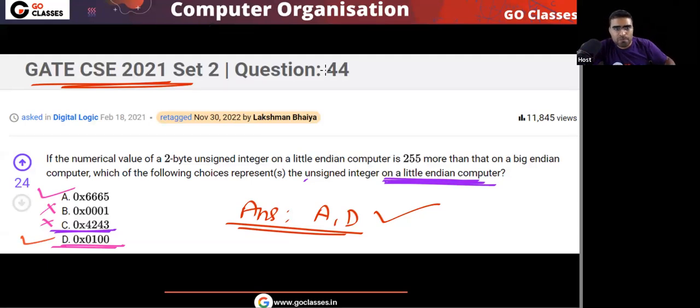The most common mistake is that students will take this as data. But actually, this is how the data looks on the little Endian computer.